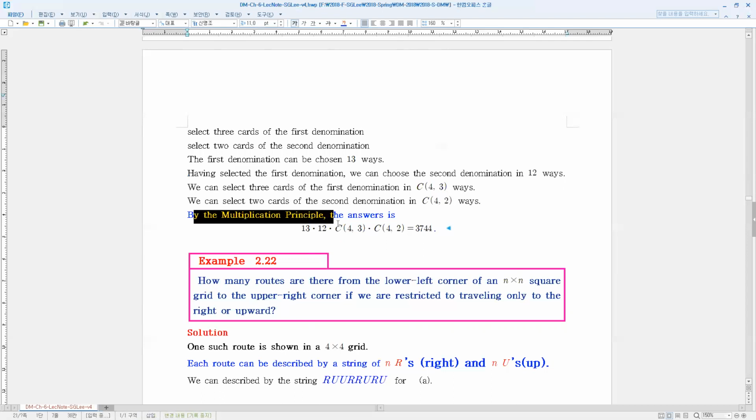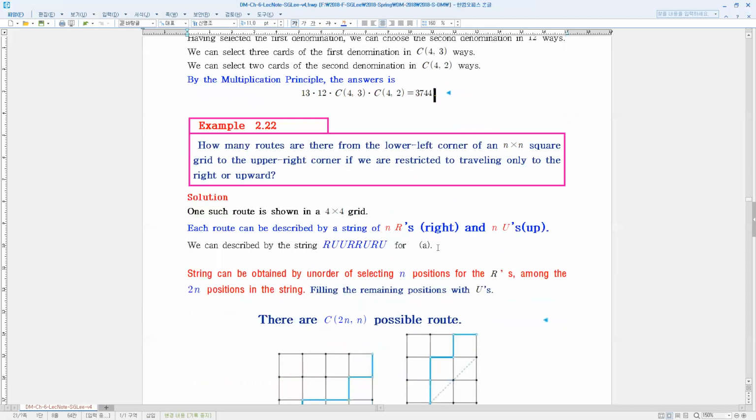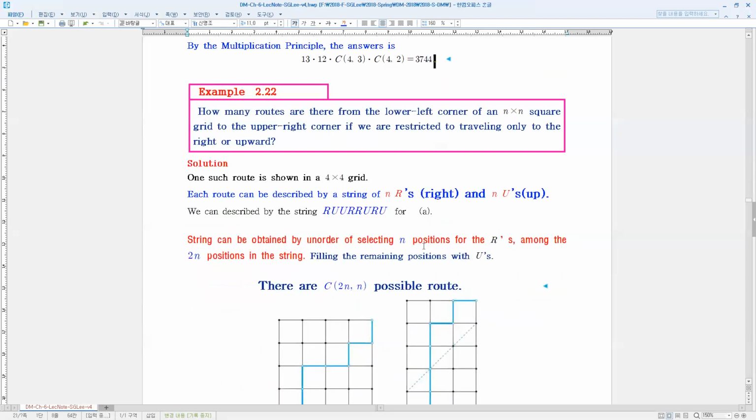So by the multiplication principle, the answer is 13 times 12 times 4 choose 3 times 4 choose 2, which is 3,744.